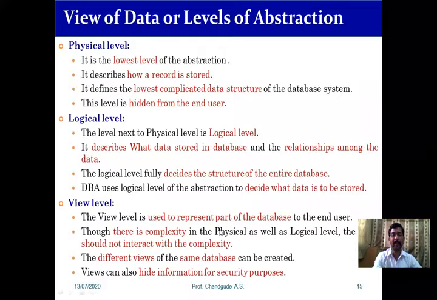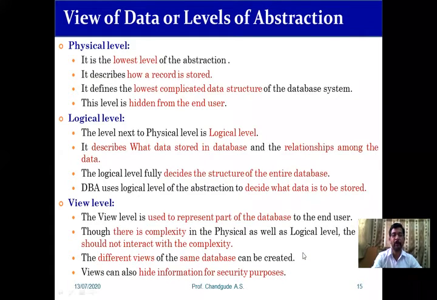Though there is complexity in the physical as well as the logical level, the user should not interact with that complexity. The physical and logical levels have complicated things and the complexity of managing them, but the end user just has concerns with the views of the database.